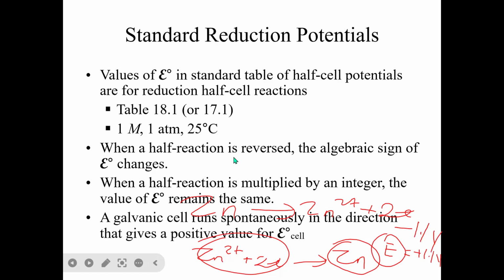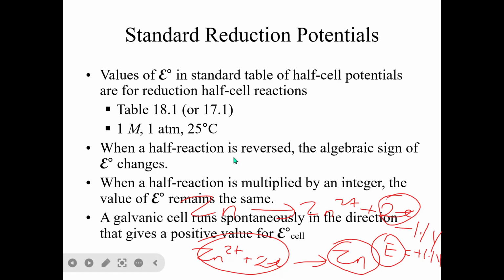And of course, you can have a situation, especially when trying to cancel the electrons, or the number of electrons gained or lost in the redox reaction. In some cases, you may need to do some kind of multiplication to neutralize them.